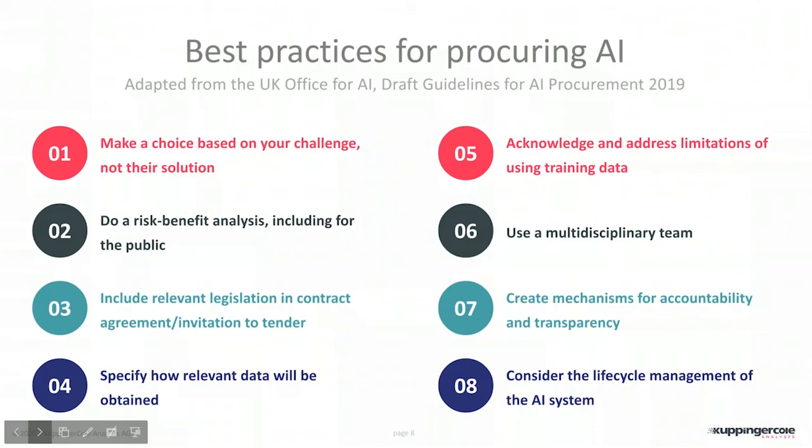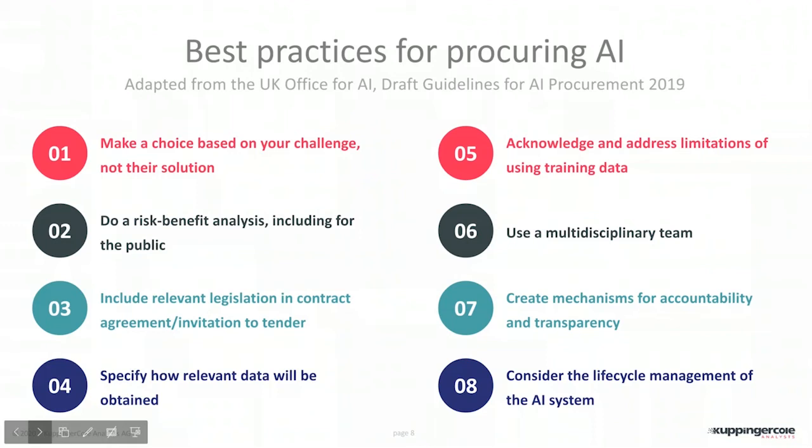Regardless of if you are procuring an AI system that is pre-trained, that learns from your own industry-specific data, or from data gathered by your organization, a discussion on how relevant data is obtained, prepared, used, and stored must happen.